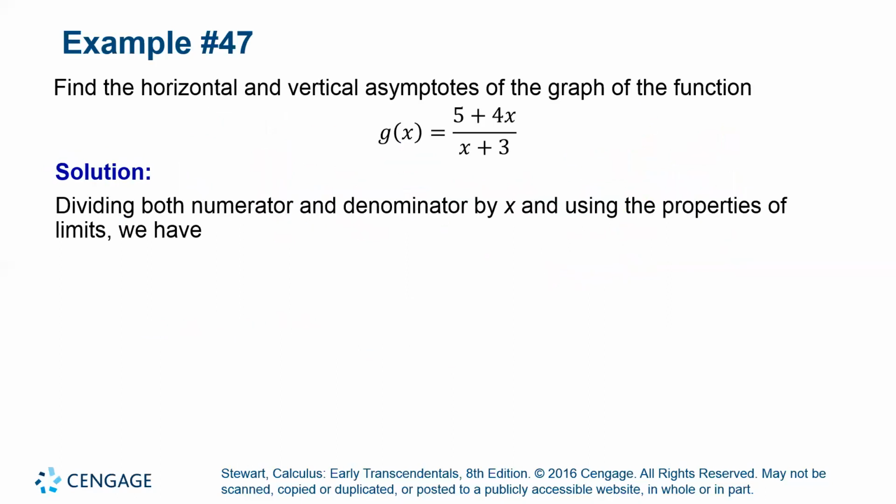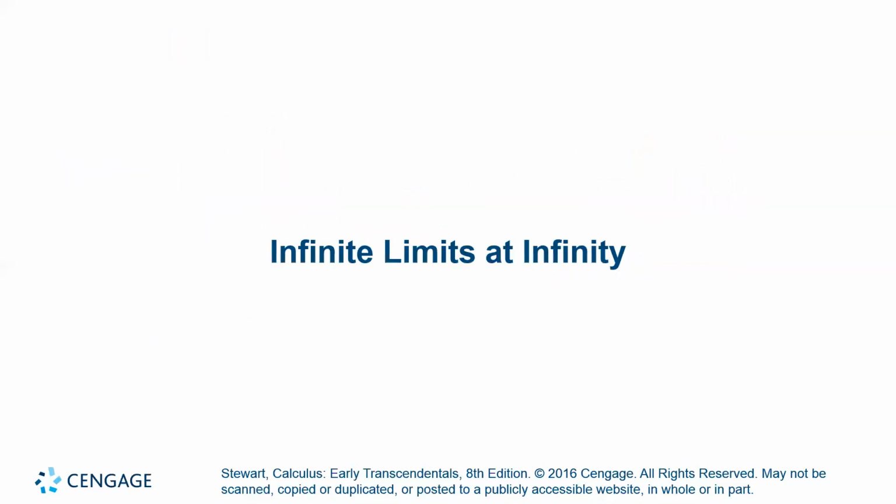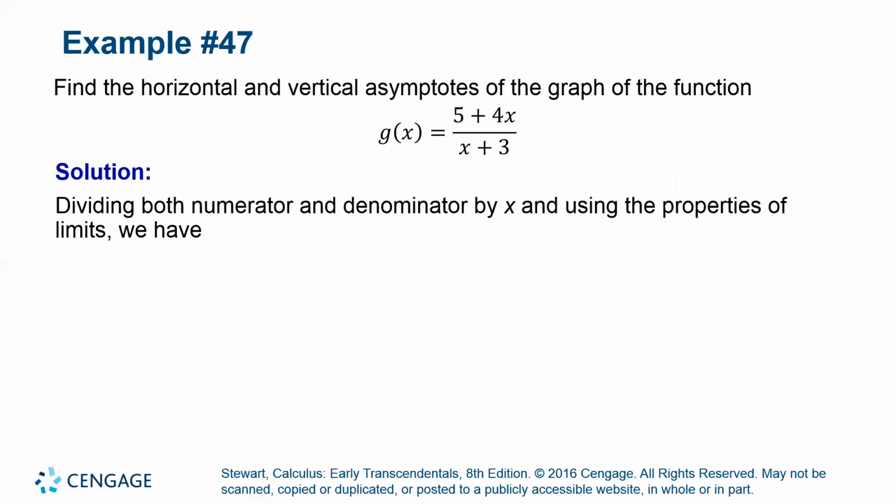In this problem, we want to find both the horizontal and the vertical asymptote. We found the horizontal asymptote using limits at infinity, where the horizontal asymptote is the limit at infinity. So we know the difference: horizontal asymptote is limits at infinity, and vertical asymptote is infinite limits.